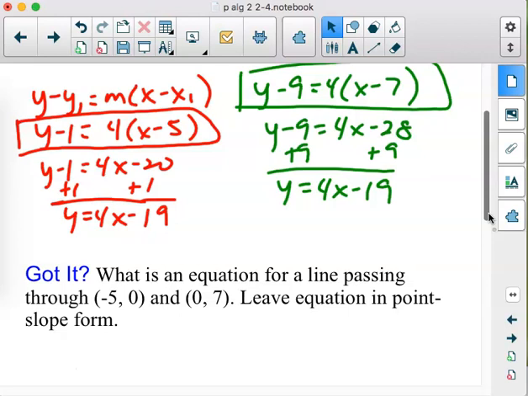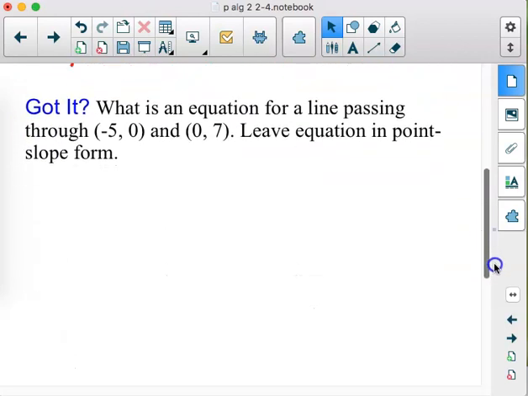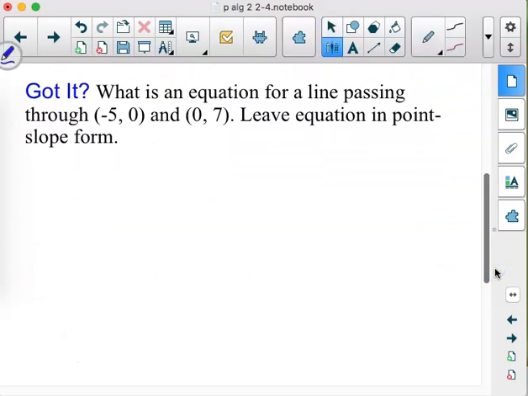So, point-slope form. All right, I'm going to call on people. What's an equation of a line that passes through this and this? Leave it in point-slope form. So, Gavin, what would we do first? So, you go into the point-slope formula right away then?